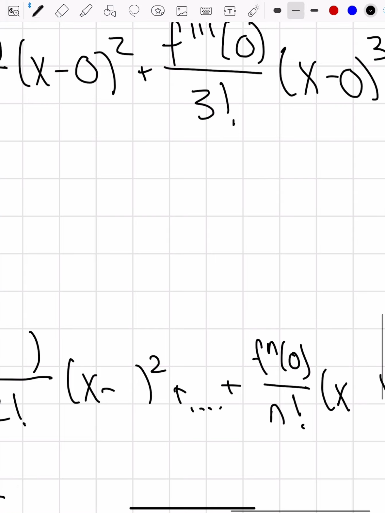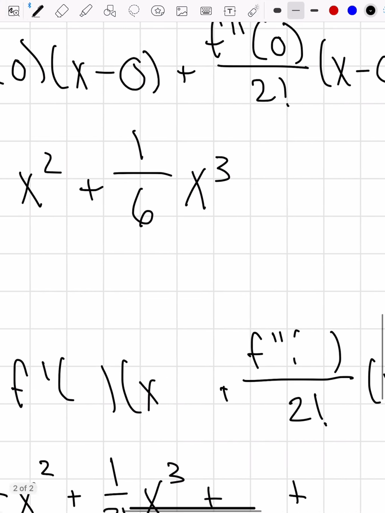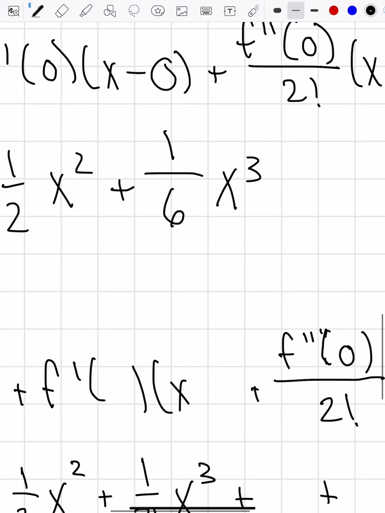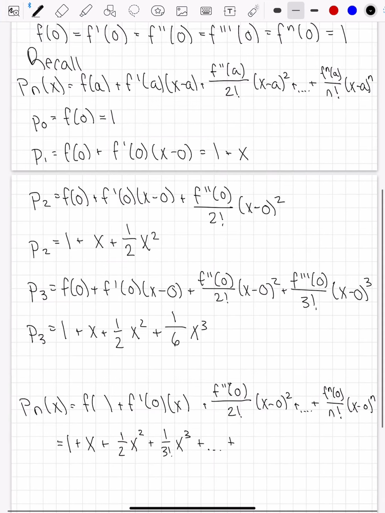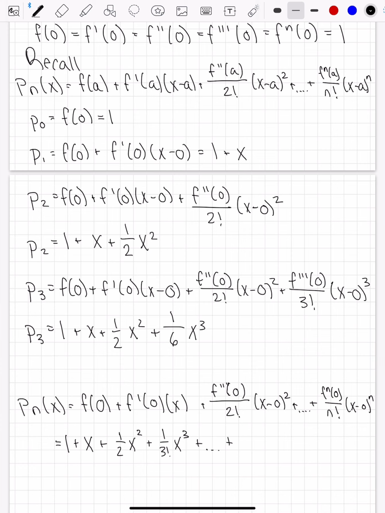All of these really should have been 0 here because we're doing the Maclaurin series. So f^(n) of 0 we know is 1. We set that up here because the nth derivative of f is still e to the x. And then whatever n factorial is, it is. And then we can just get rid of the minus 0.